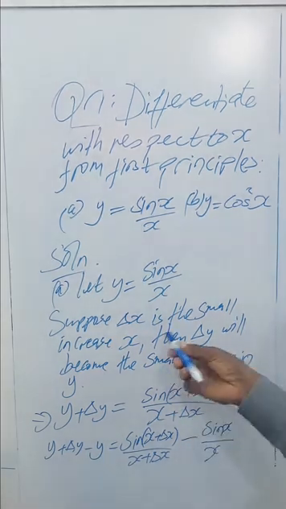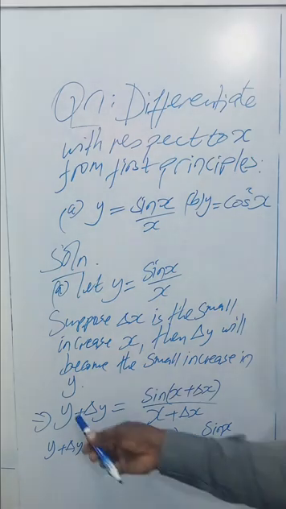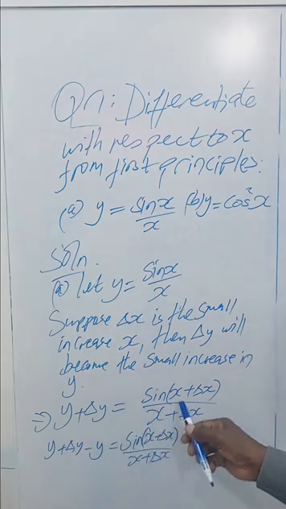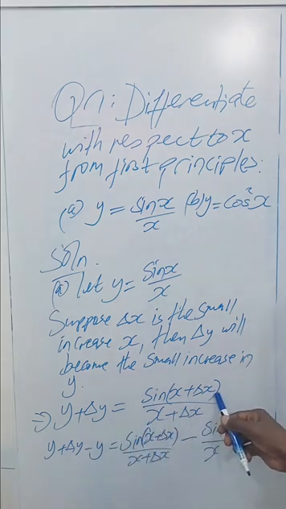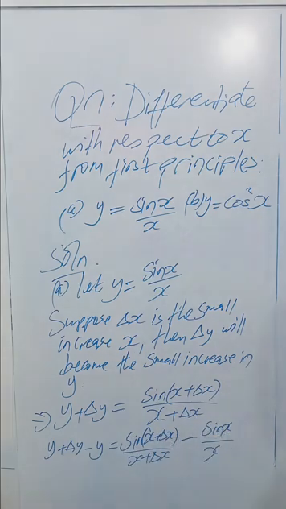Suppose delta x is the small increase in x, then delta y will be the small increase in y. This implies that y plus delta y will be equal to sine of (x plus delta x) divided by (x plus delta x). Taking the difference of the two, we want to know how much is the increase.